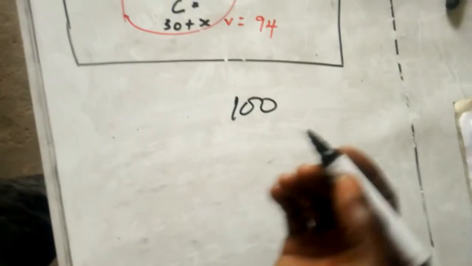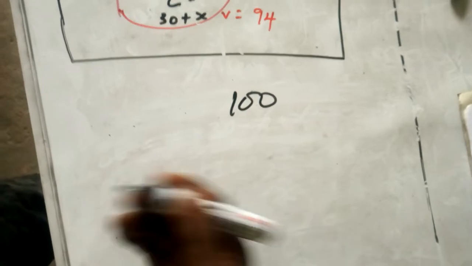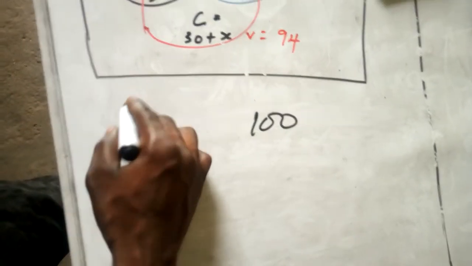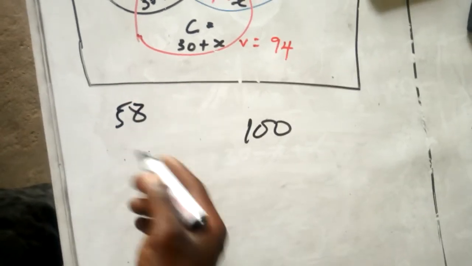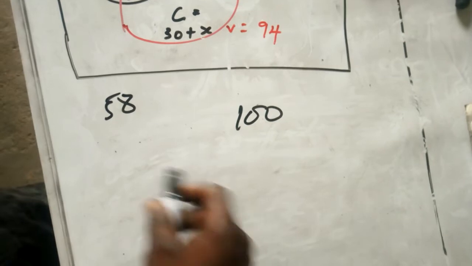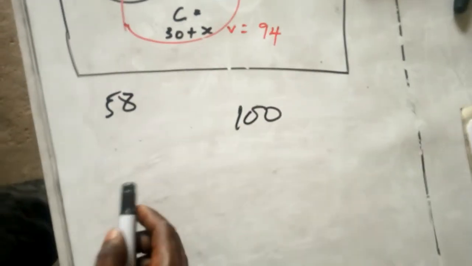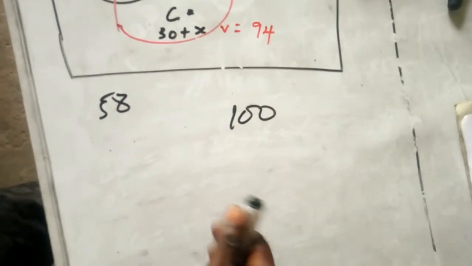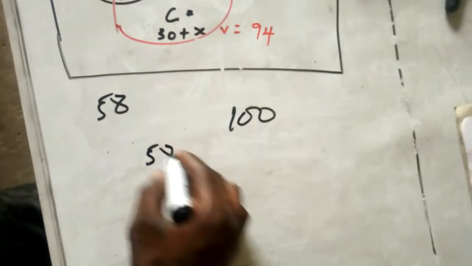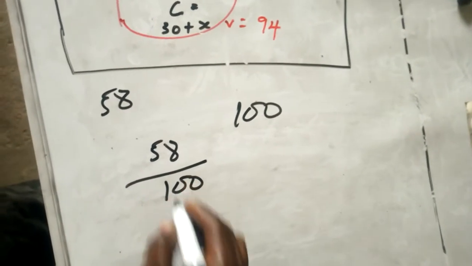So let's say you score, forgive me, maybe you score 58. Maybe you can decide to score 100 over 100. That is okay, but don't try and score below 50. So 58. So your probability is 58 over what? The total number. Is that okay?